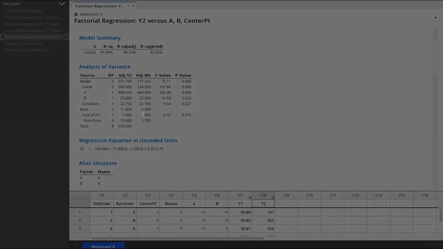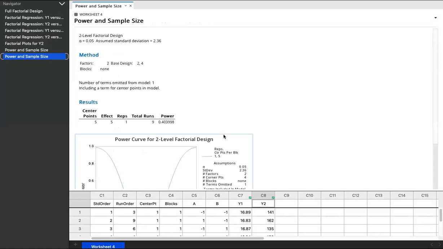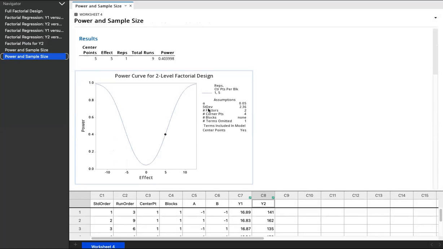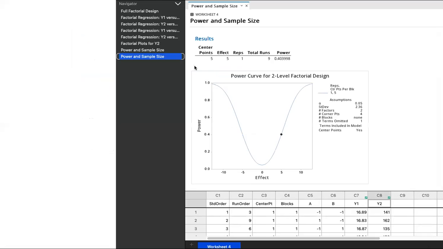So we change this and this. Here we can see a higher power curve for this level factorial design.